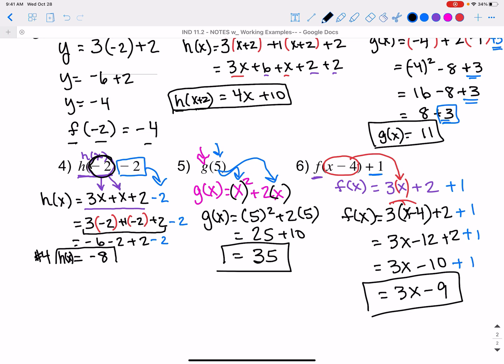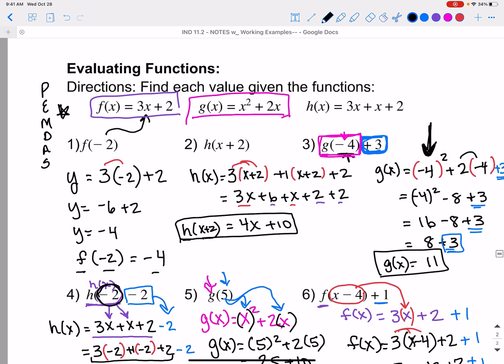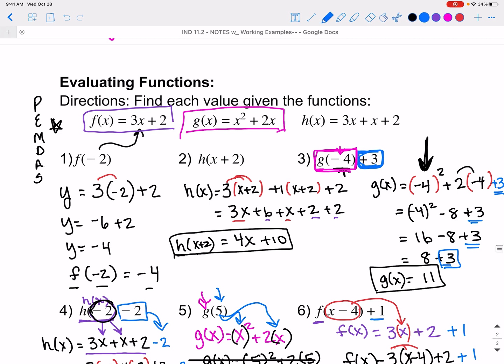Okay? So the main thing to take away from this is that you have different functions, and we just name them f, g, and h so we can tell them apart. And the important part is this right here at the end. This is your function. That's your machine. For g, this is your machine. And for h, this is your machine or your function.